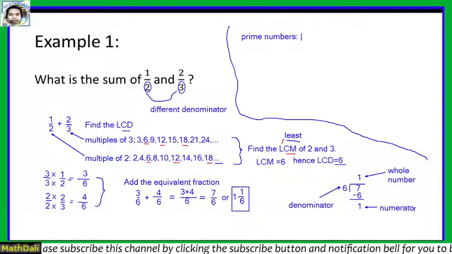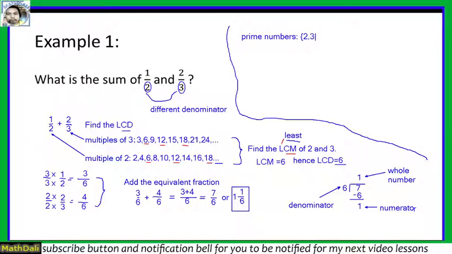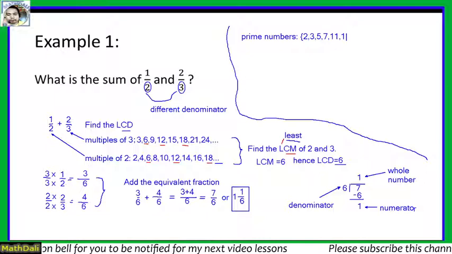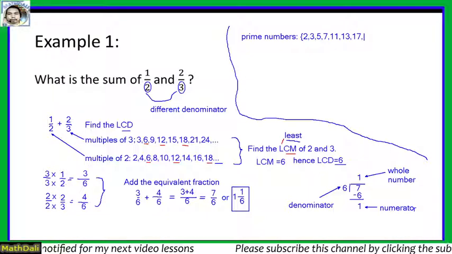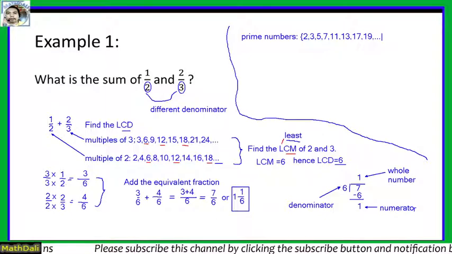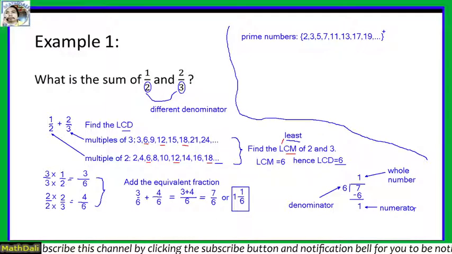Ano-ano yung mga yon? Ulit, we have 2. We also have 3, 5, 7, 11, 13, 17, 19, and so on and so forth. Ito yung mga number na wala ng ibang factor except 1 and the number itself.